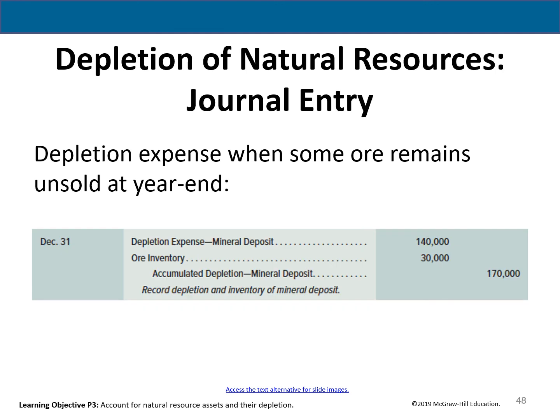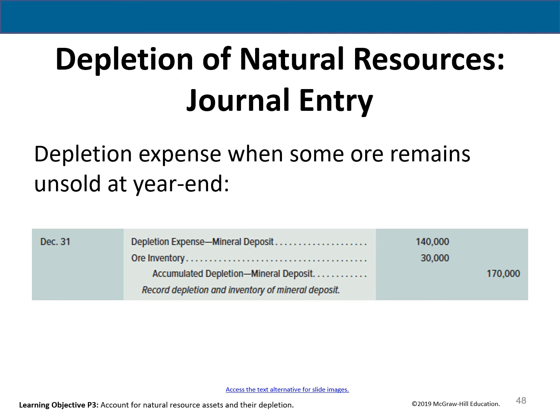What happens when there's some ore, so the mineral, remains unsold at the end of the year? Because remember, as you're mining this, you're selling it. You're not stockpiling it, right? So if we don't sell all the ore that we mined, we would still credit accumulated depletion $170,000, but we would only debit depletion expense for the part of the ore that was sold.